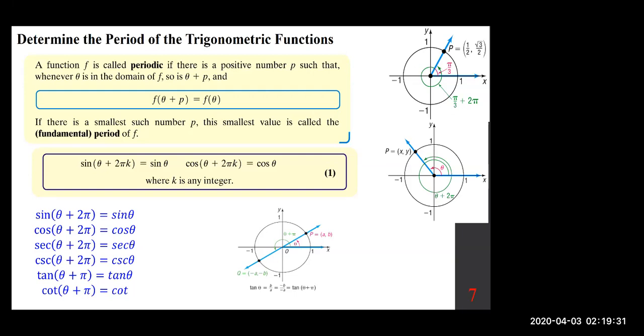So for example, in the case of a sine or cosine, the period is 2 pi. So therefore, if we multiply the 2 pi by any integer, that's why we use 2 pi k. Sometimes we use 2 pi n, depending on the text. The functional value makes no difference. It's the same thing. In the case of a tangent and cotangent, it's no longer 2 pi. It's only pi. I want you to know that.